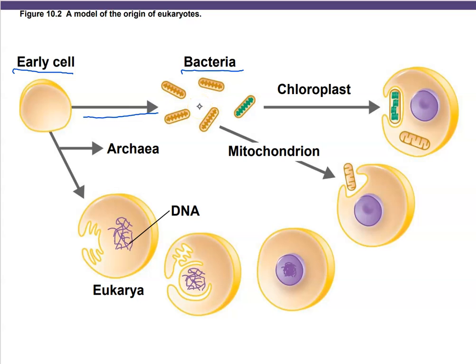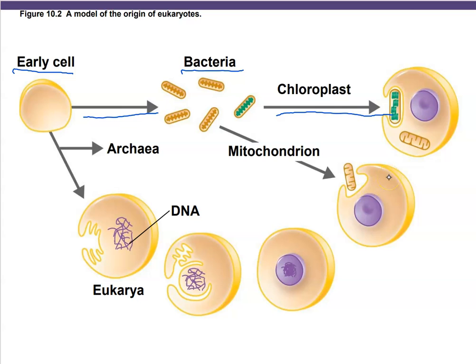We think, according to the endosymbiotic theory, the green ones, photosynthetic bacteria, went into larger compartments of these eukaryotic cells to become chloroplasts, versus the aerobic bacteria, which went into larger compartments of eukaryotic cells to become the mitochondria.